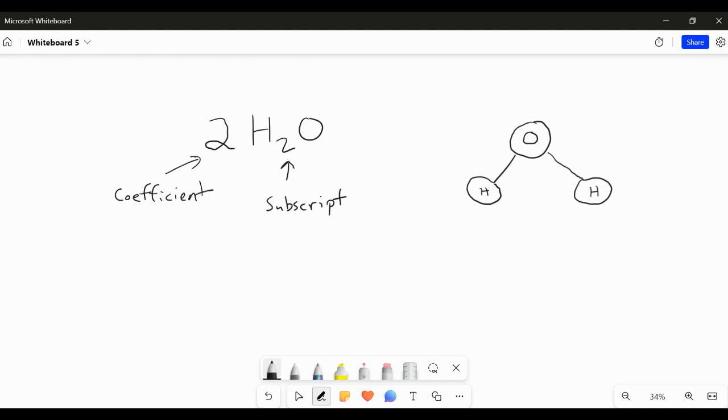And coefficients tell us how many copies of a particular molecule we have. So, this coefficient 2 tells us that there are 2 copies of this water molecule. So now our formula is telling us that there are 2 molecules that are identical. So let's just draw another one right here.